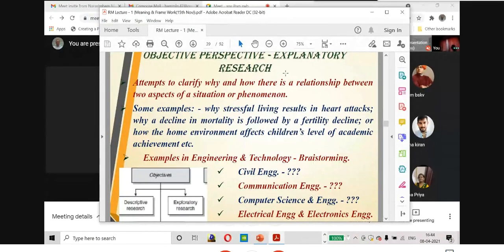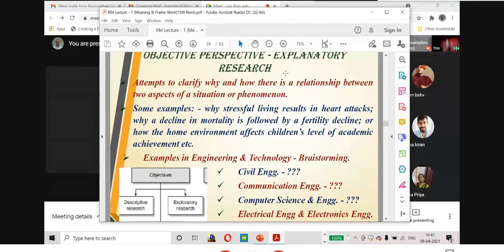So the first one is simply description, the second is correlation, and the third one is explanation. The degree to which you are providing information with the help of your research to a particular problem will be more and more accurate, starting from descriptive, correlatory, explanatory, and then exploratory.